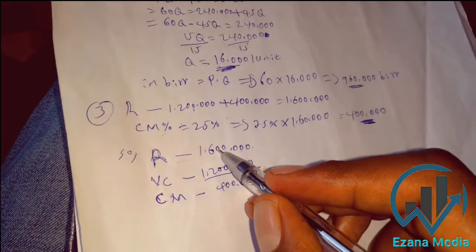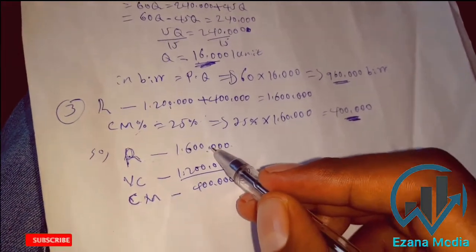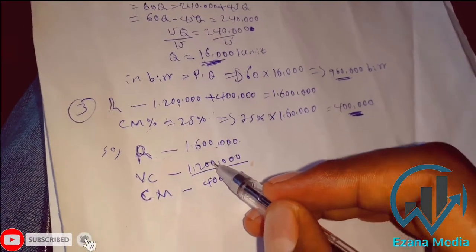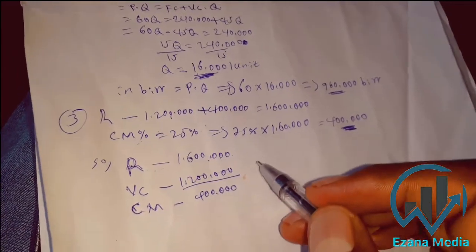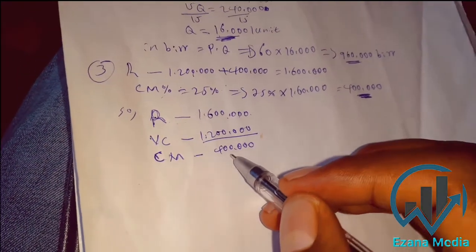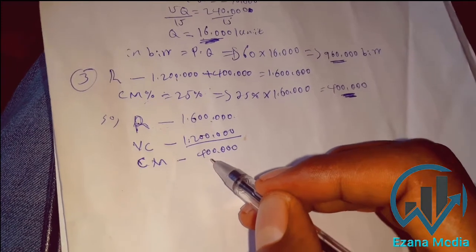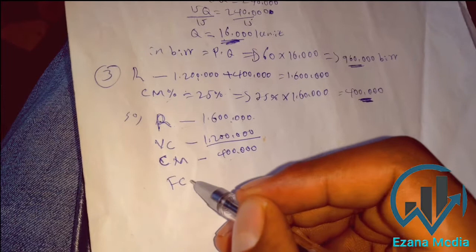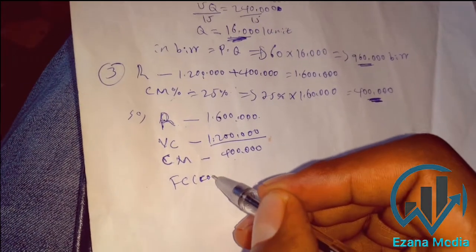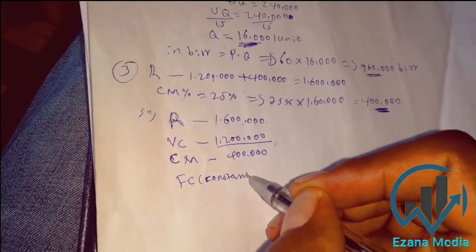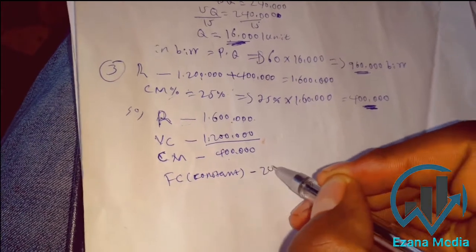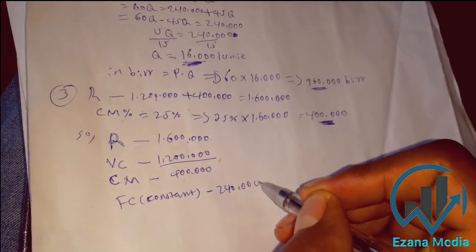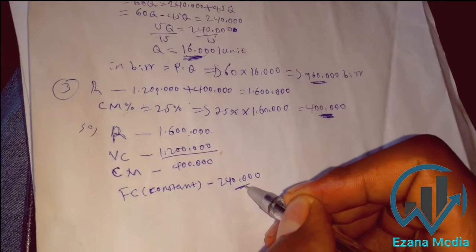It is revenue 1,600,000 and variable cost 1,200,000, means that contribution margin is equal to 400,000, and fixed cost, or constant, is equal to 240,000. It is fixed cost.